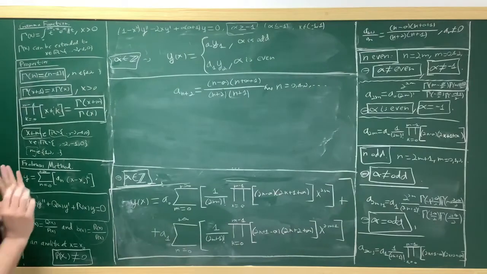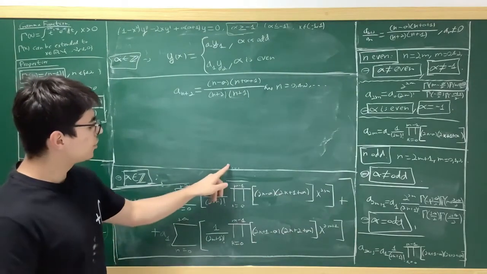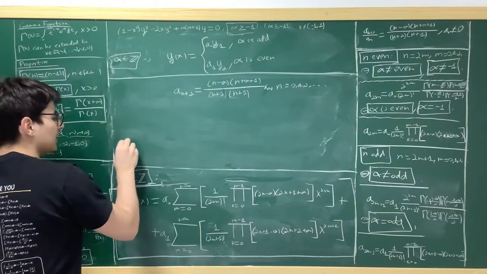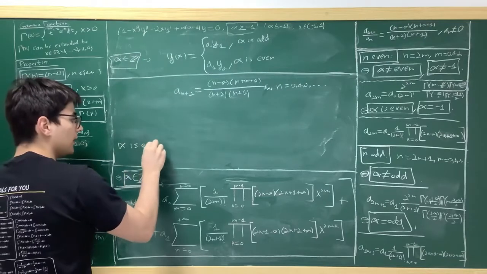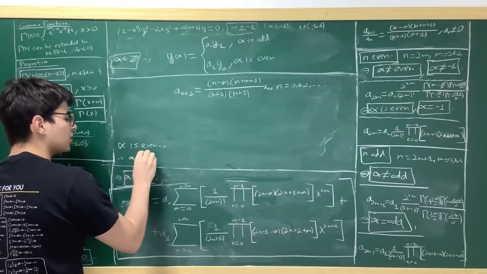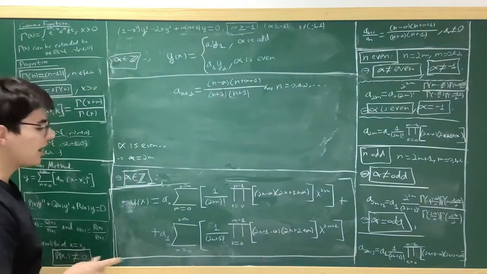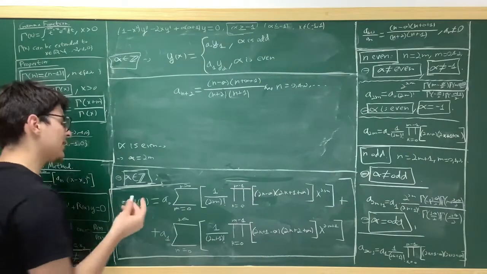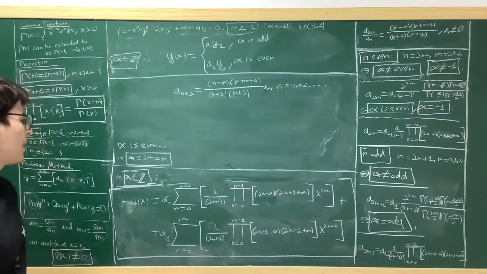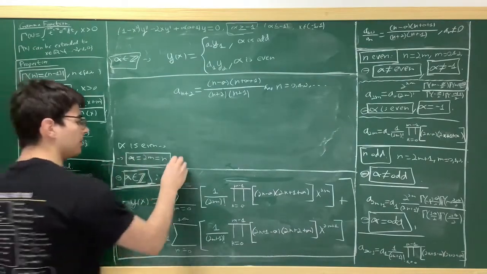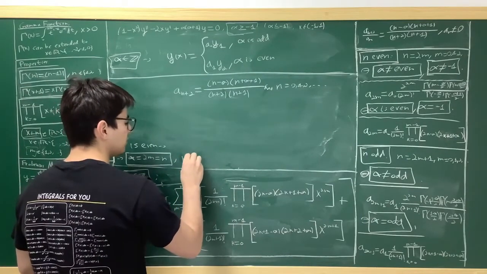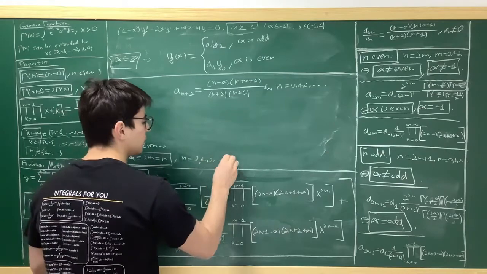So, what can we do with this? Well, just notice that if alpha is even, this just means that alpha can be written as 2n. And we are going to consider a particular case in which it is equal to n. So we have some alpha, and it is equal to n for some n equal to 0, 1, 2, or whatever.